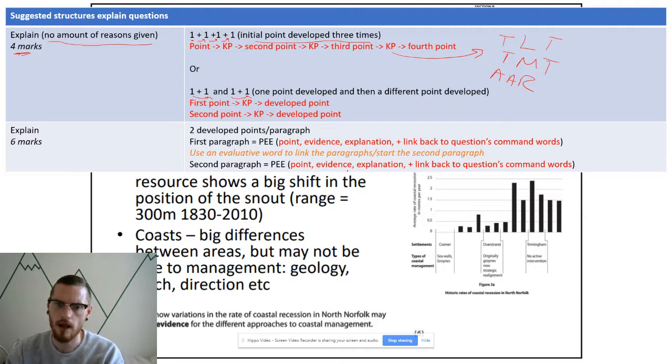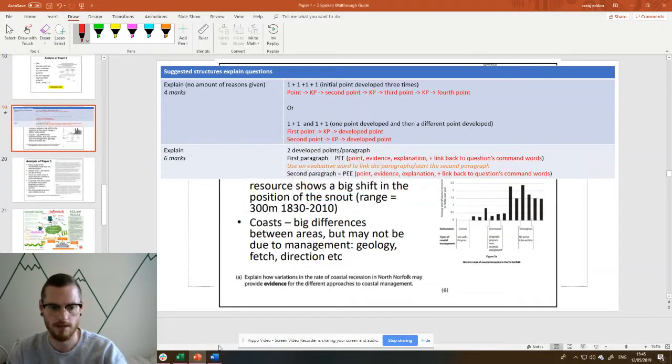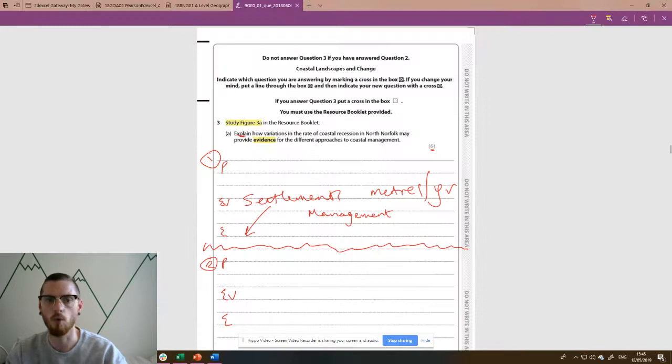Now, I haven't specifically said this, but what I would do, and if we just discard again and go back to the exam question, I would always make sure, even on a 4 marker, and this is relevant clearly for 6 markers, in the explain bit, in the final sentence of your developed point, be it on a 4 marker or a 6 marker, link back to the language in the question.